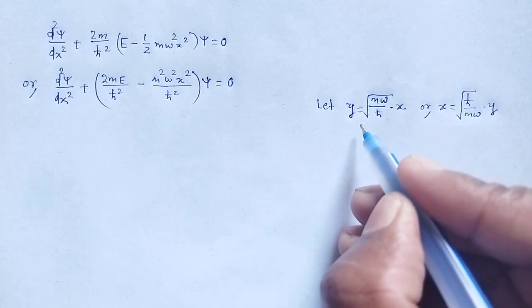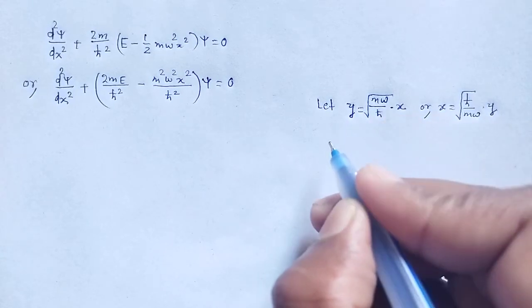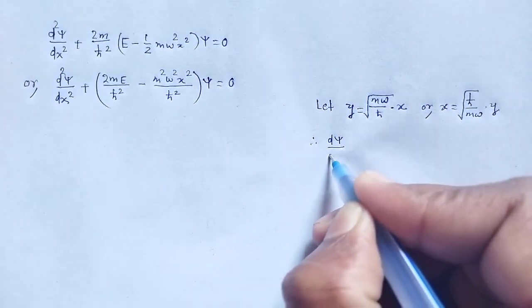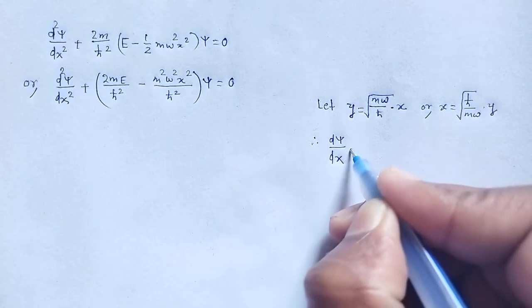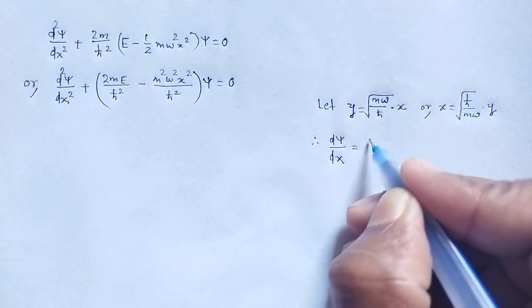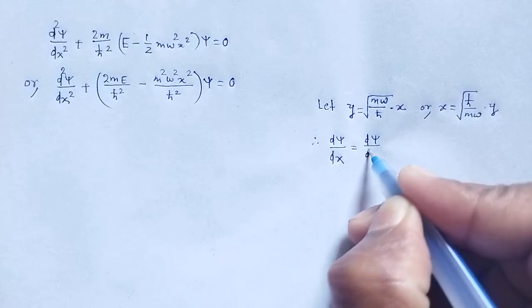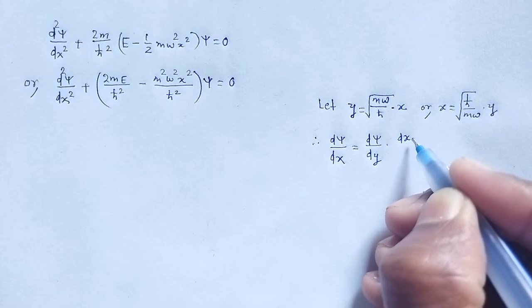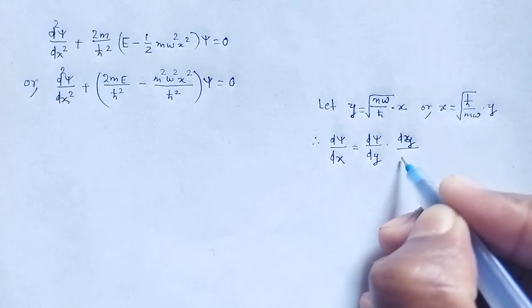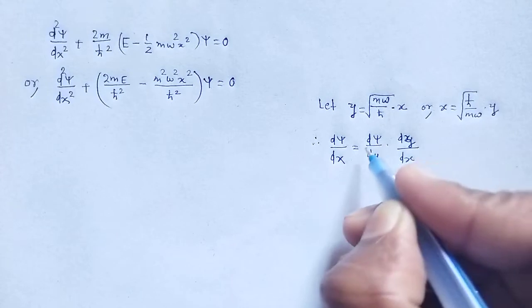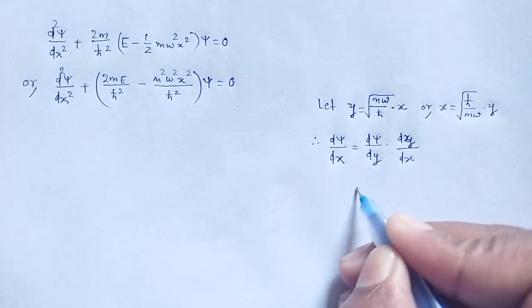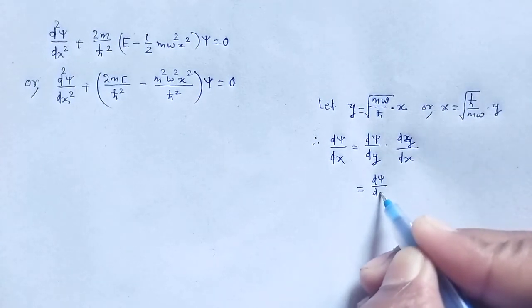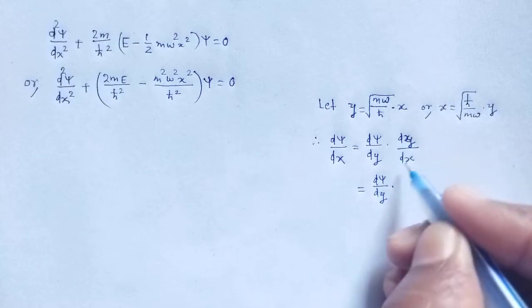Therefore d psi by dx, we use the chain rule here, is equal to d psi by dy into dy by dx.